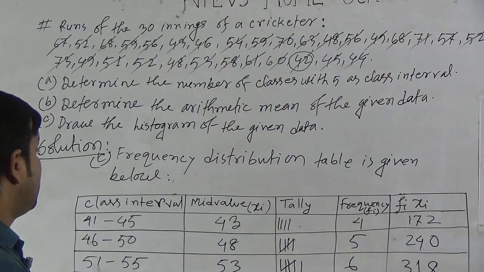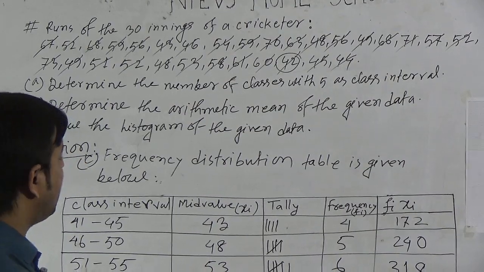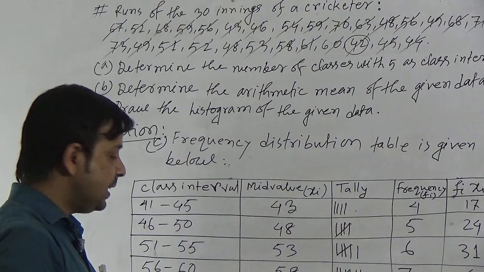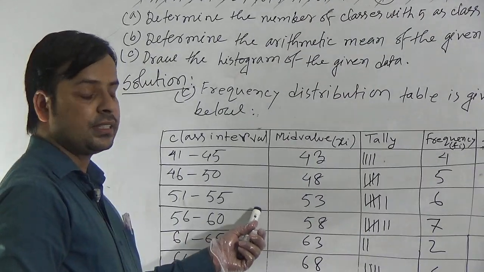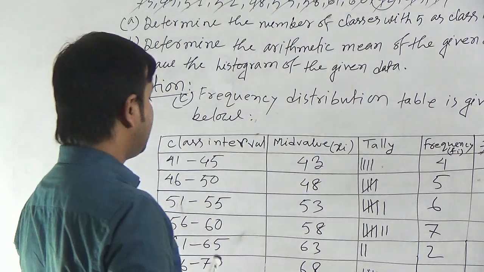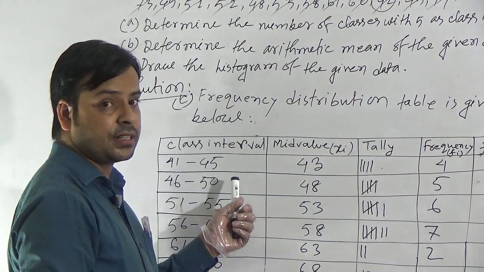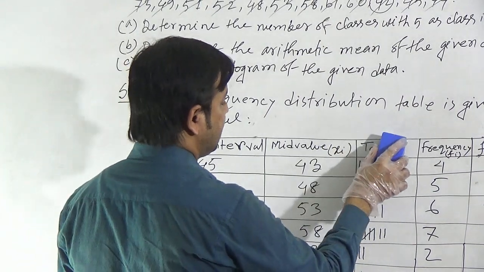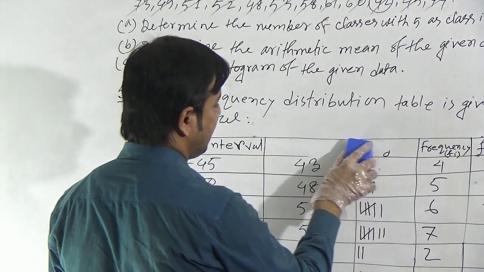To draw the histogram, we need continuous data, but this data is not continuous, this is discontinuous data. So at first we have to prepare the continuous class interval. So we can change this for C.